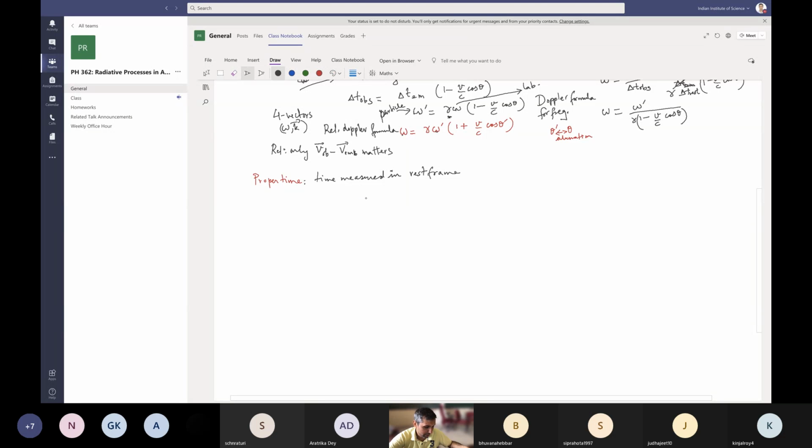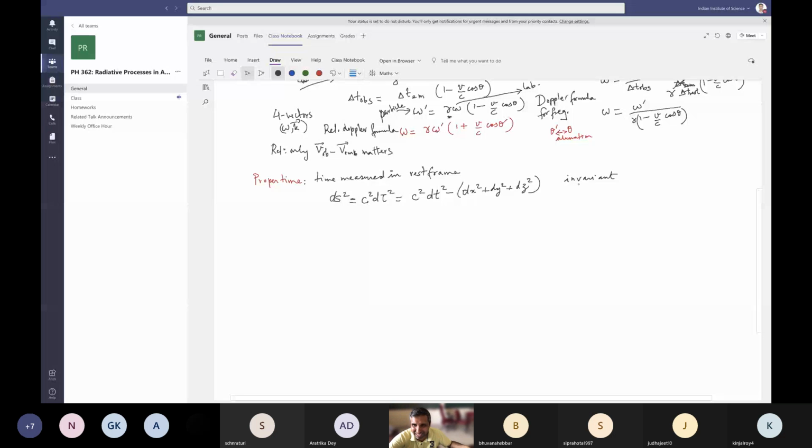So c squared d tau squared is equal to c squared dt squared minus (dx squared plus dy squared plus dz squared). This is a quantity which is called the interval. So this is a Lorentz invariant.